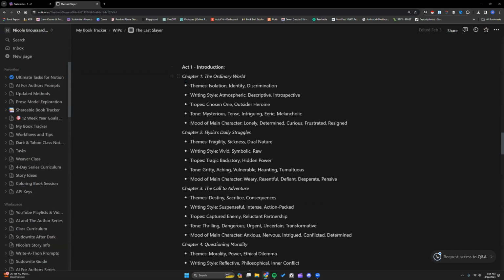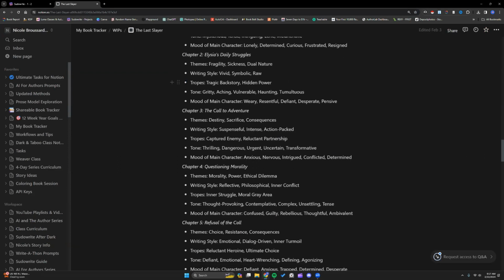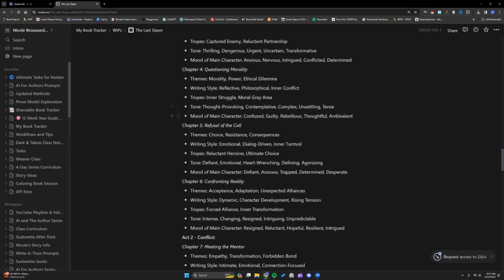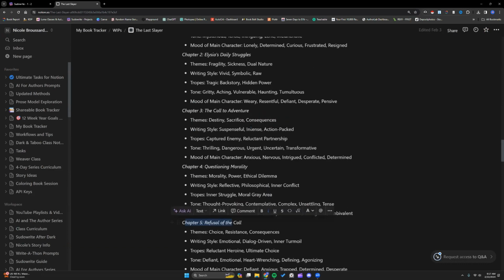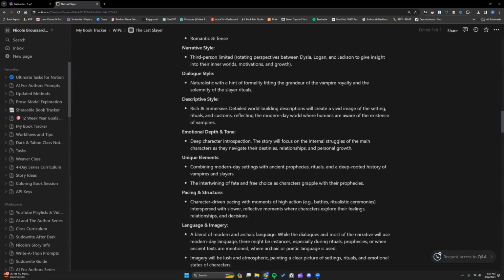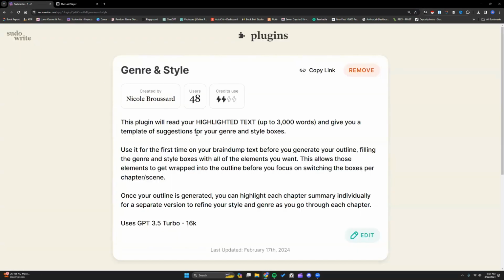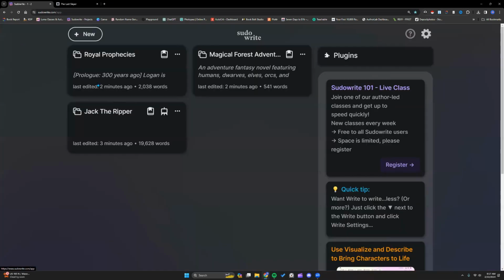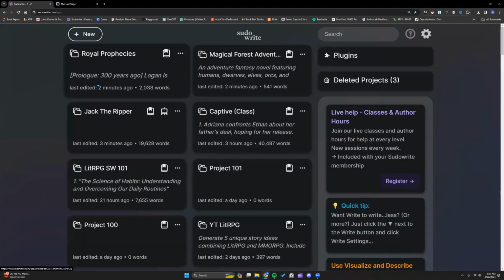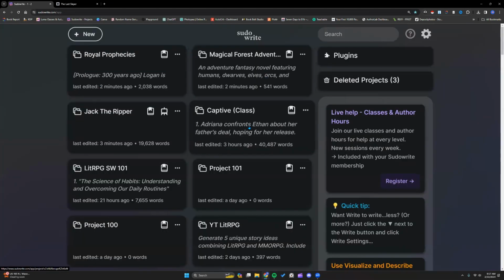So Chat will give me the full breakdown of everything that I need per chapter. That makes it very simple. But again, the plugins do not do well with that lengthy text. I tried making it so it would read the outline and do all that for you. It just does not work well. So for the plugin, it's better to just highlight the section that you need the genre and style for.